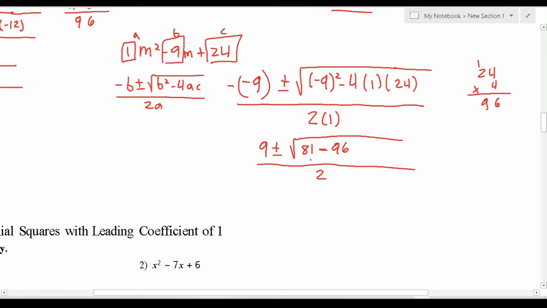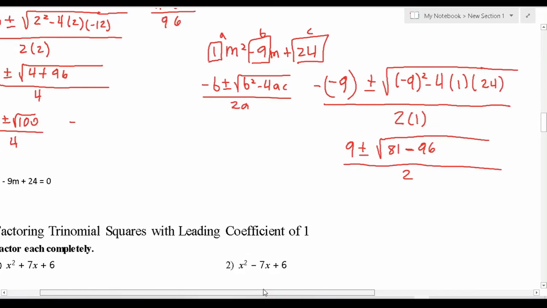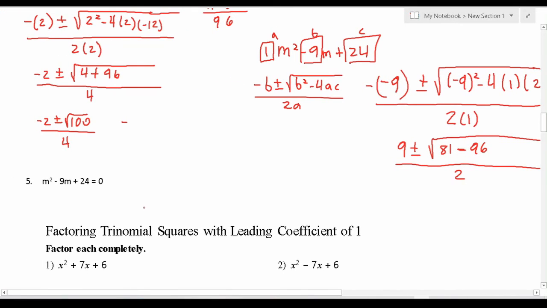Now here we have to be mindful of the fact that 81 minus 96 is going to result in a negative number. So to answer this one, number 5, we would stop and we would write no real solutions. Okay?